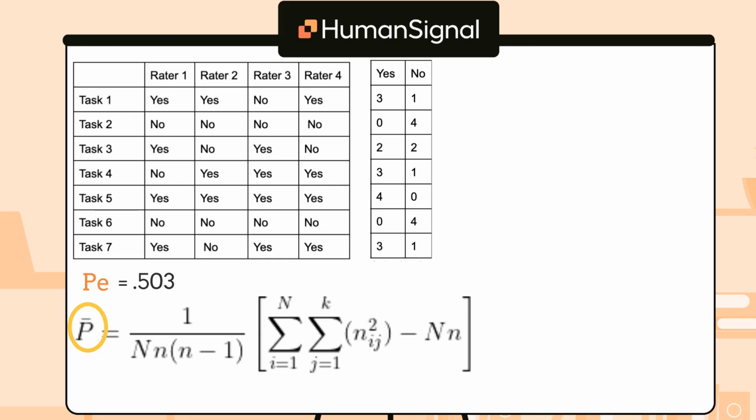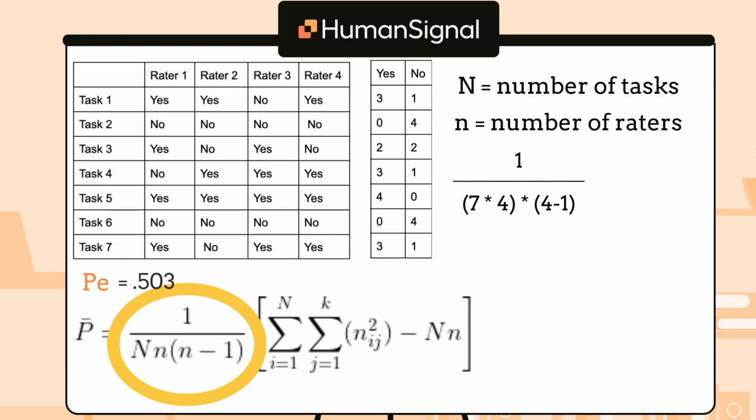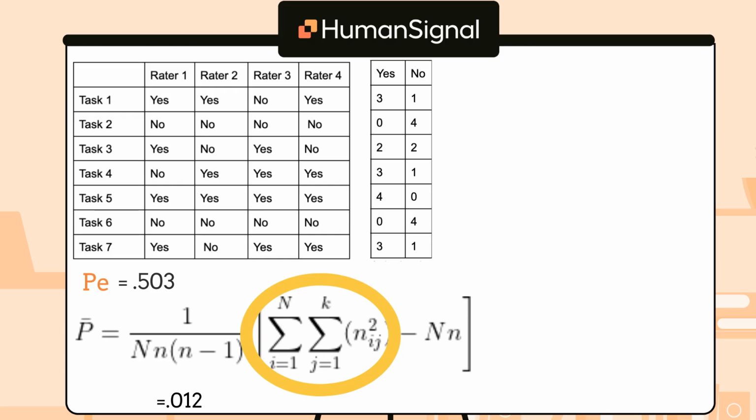We'll work through this step by step. It's not as bad as it looks in the formula. For the first term, big N is the number of subjects or tasks, and little n is the number of raters. In this case, we have a big N of 7 and a little n of 4, so we can plug these numbers in and calculate the first term, which is, in our case, 1 over 7 times 4 times 4 minus 1, which is 0.012. Next, we can square each value in the table we created to calculate the total yeses and nos, and add them up.